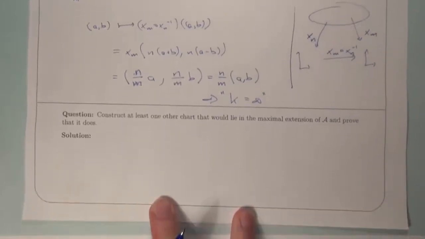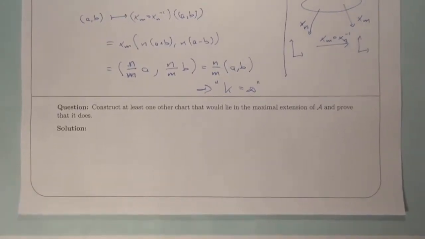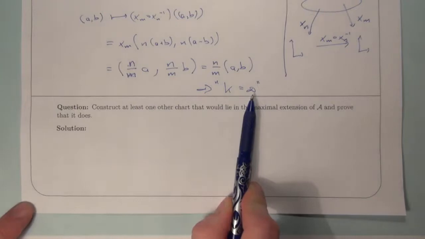The last thing to do here is the third question, and it says construct at least one other chart that would lie in the maximal extension of A and prove that it does. So by maximal extension we mean we can add as many charts as are compatible to the other charts, and by compatible we mean C infinity compatibility.